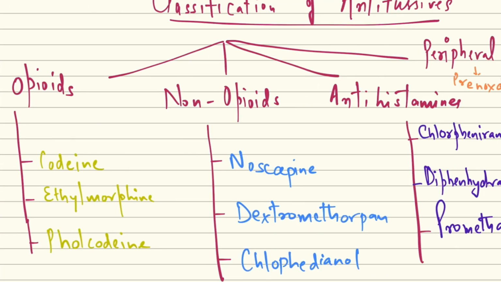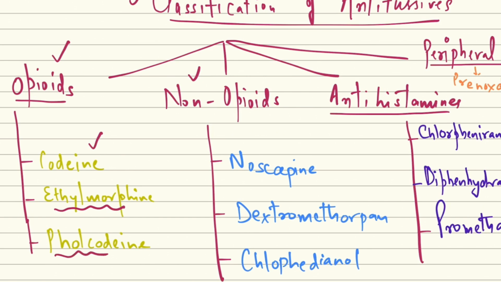Now we'll see the classification of antitussive drugs. Antitussives are classified as opioids and non-opioids. Besides these, we have the antihistamines and peripherally acting antitussive drugs. In the opioid group, we have codeine, which is a standard antitussive, the methyl morphine, and then ethyl morphine.